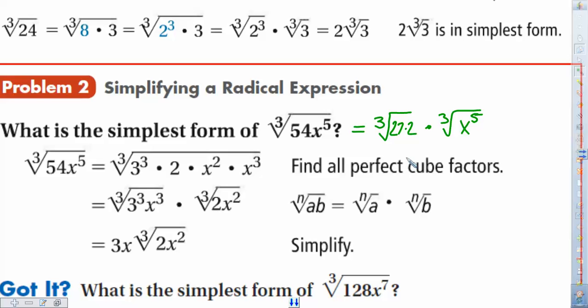And so then wouldn't that allow us to take the cube root of 27 times the cube root of 2? Sorry, I'm making a mess here, but it would be the cube root of 27 times the cube root of 2, which would then just lead us to 3 cube roots of 2.